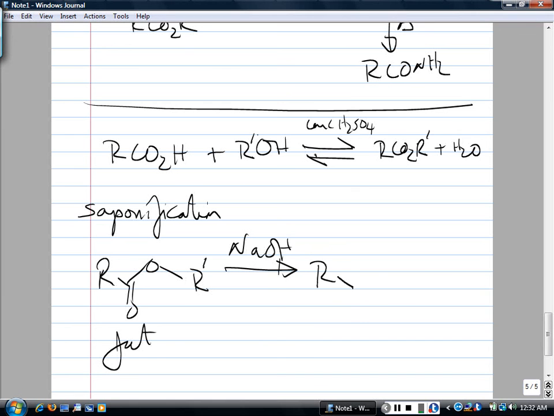So what you make then is a corresponding sodium carboxylate, at least in this case, and that process generates what's called a soap, because a soap is just the salt, typically the sodium salt, of a long chain fatty acid.